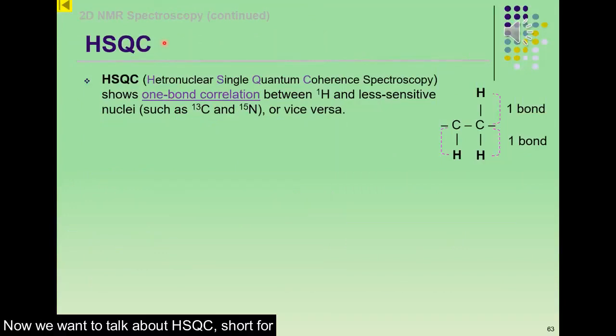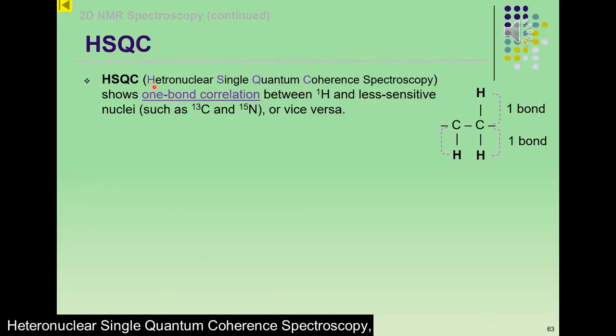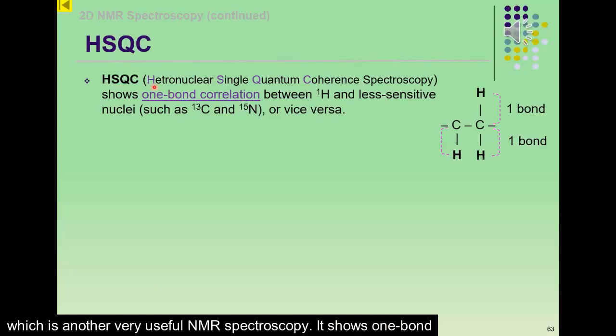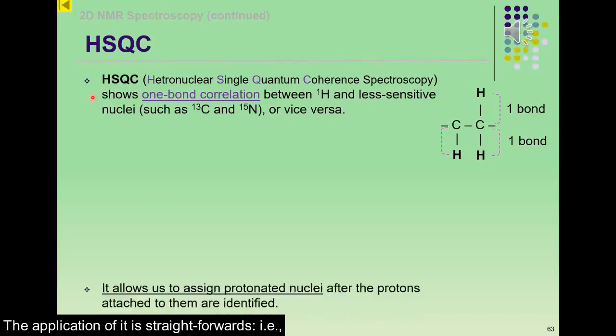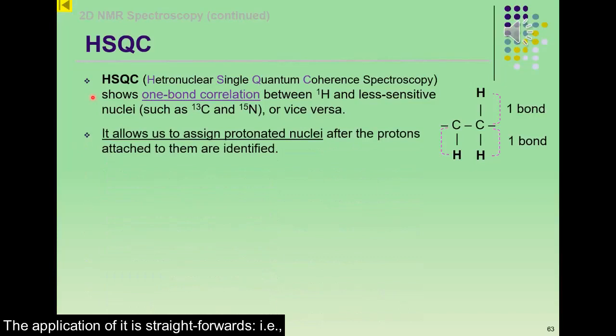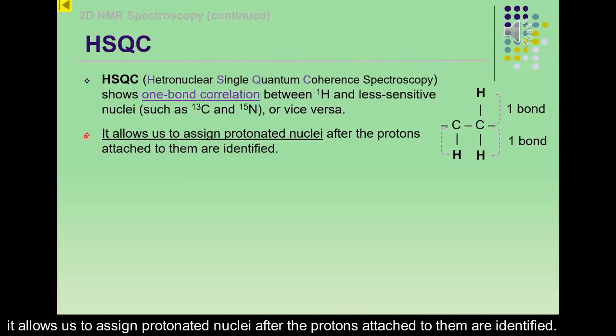Now, we want to talk about HSQC, short for heteronuclear single quantum coherence spectroscopy, which is another very useful NMR spectroscopy. It shows one-bond correlation between 1H and less sensitive nuclei, or vice versa. The application of it is straightforward, i.e., it allows us to assign protonated nuclei after the protons attached to them are identified.